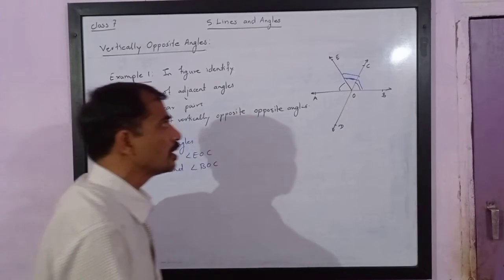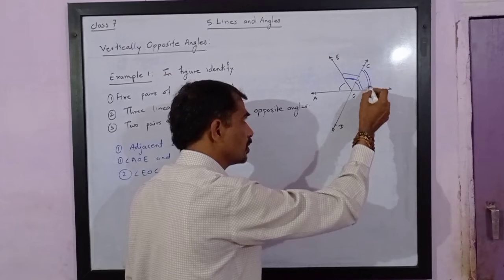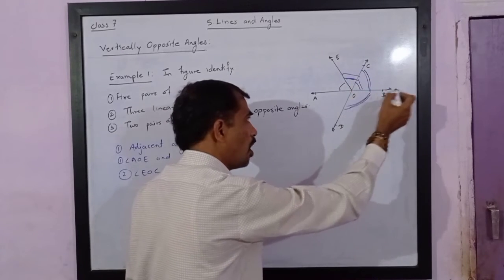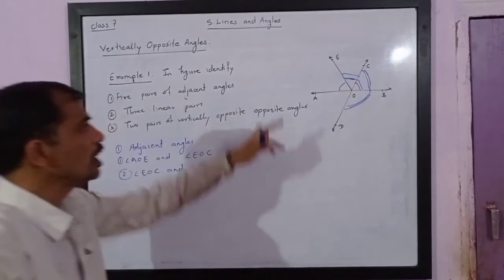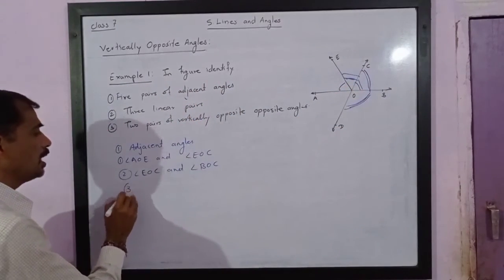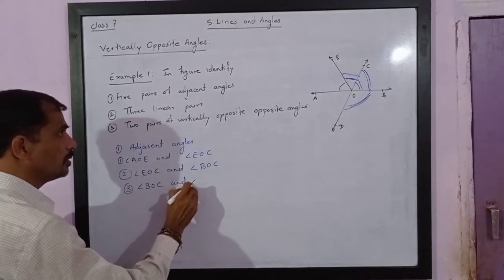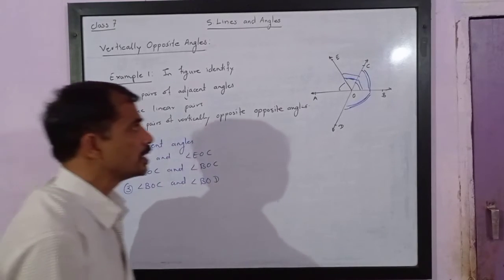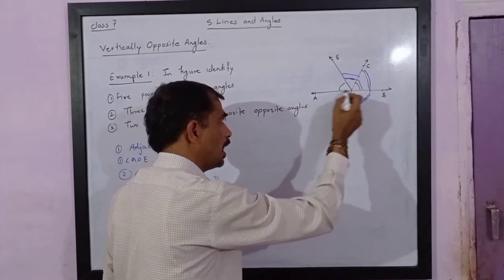Then third pair, you will notice BOC and BOD, again they have one common arm and uncommon arms are on opposite sides of the common arm. So third pair is angle BOC and angle BOD.